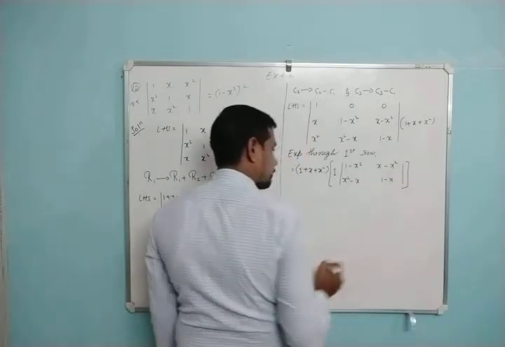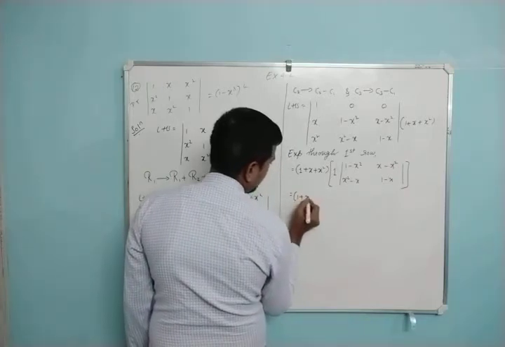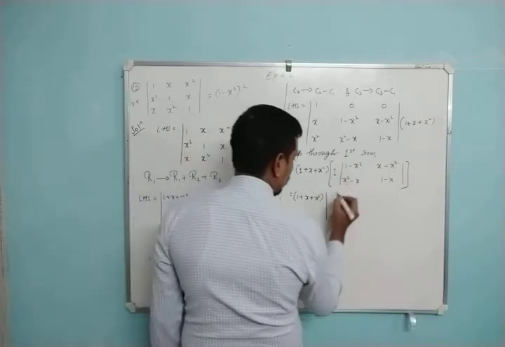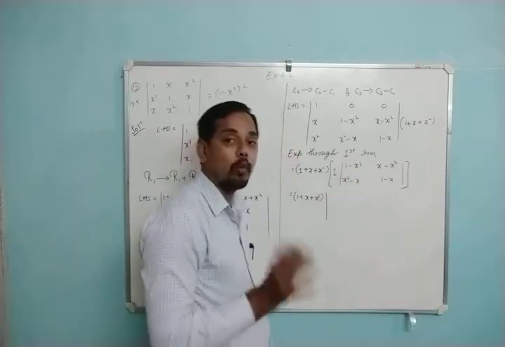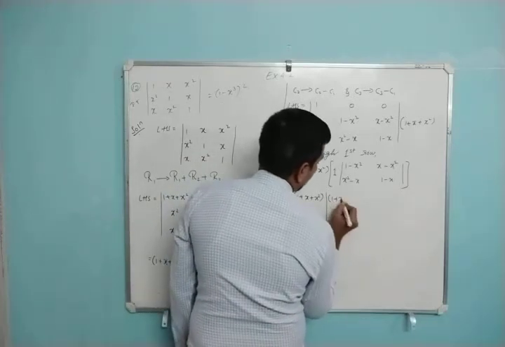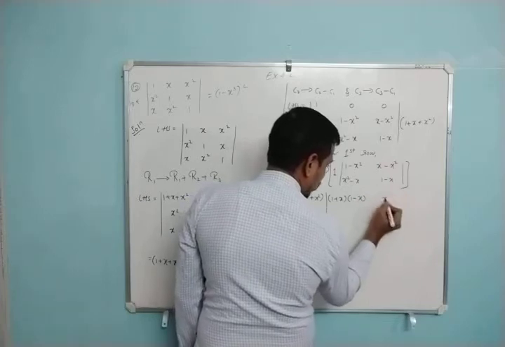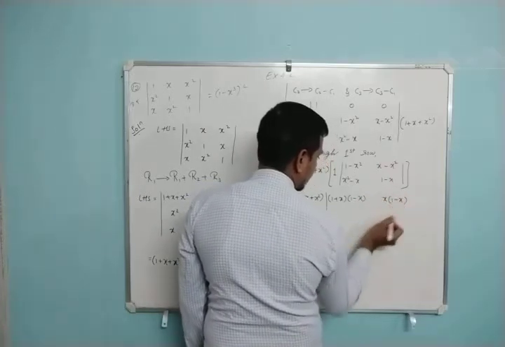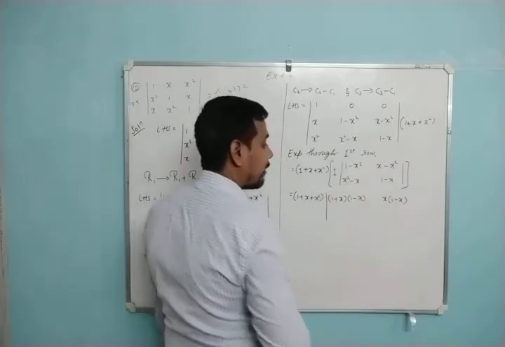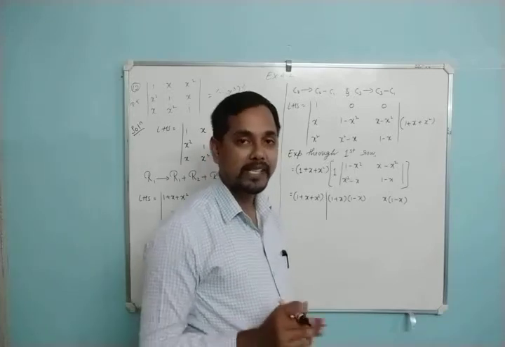Now 1 minus x square can be written as 1 plus x into 1 minus x. If I take x common here, from the entries of the second row I would get x minus 1, so instead I will take minus x common.